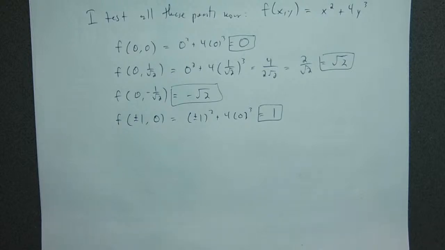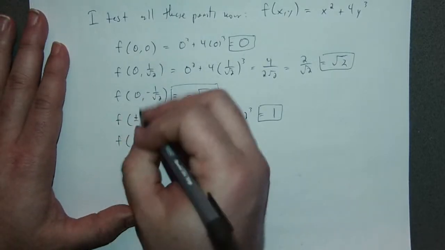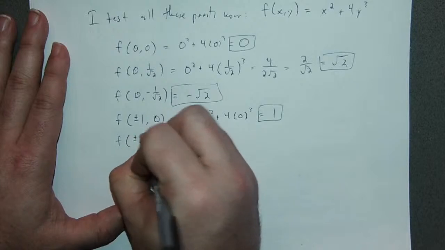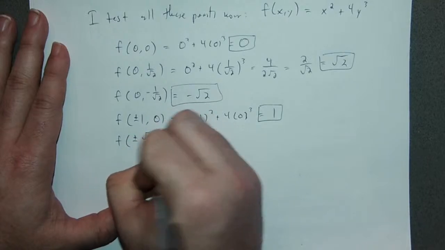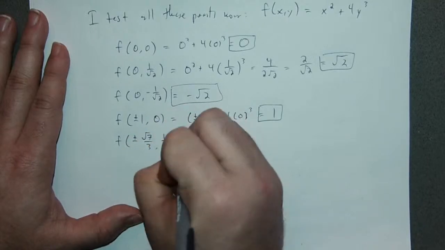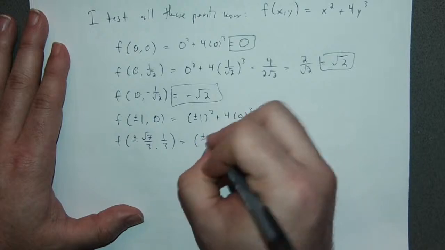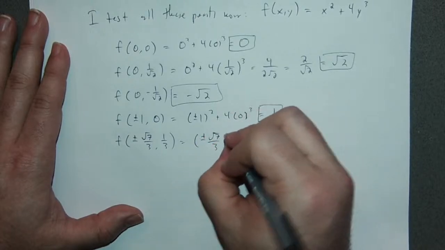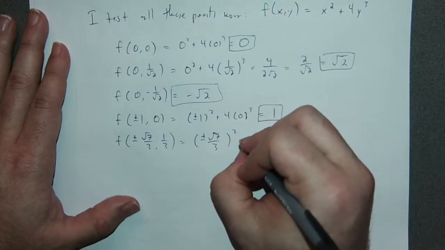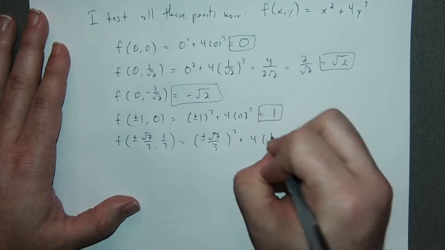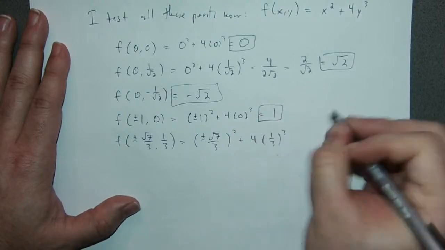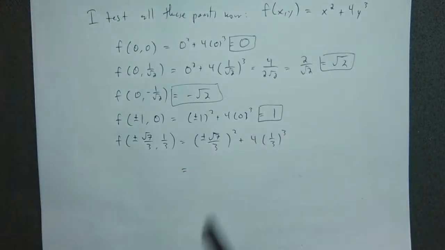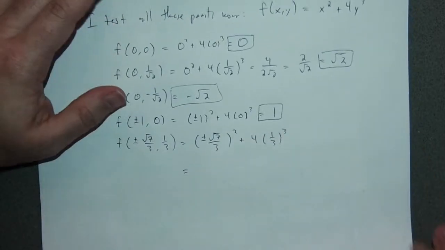Okay. And then lastly, f of plus minus root 7 over 3, 1/3, is plus minus root 7 over 3 squared, plus 4 times 1/3 cubed. So this is plus minus root 7 over 3 squared.